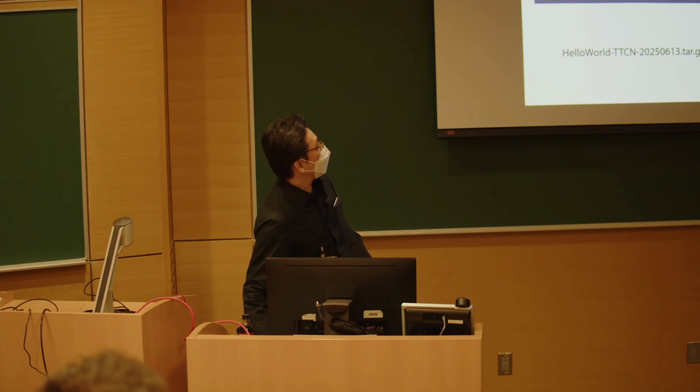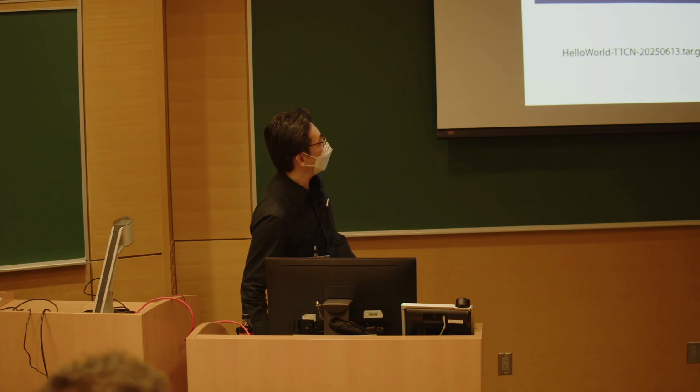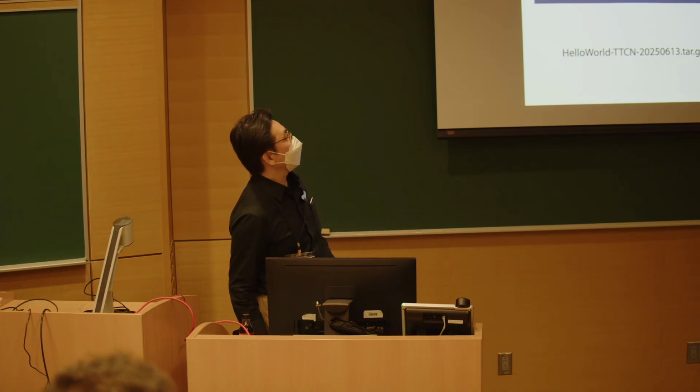And you can get this file using this file name plus this URL. So you can concatenate the FreeBSD slash the first half of this URL, and you can use this file name. You can get the TTCN file.